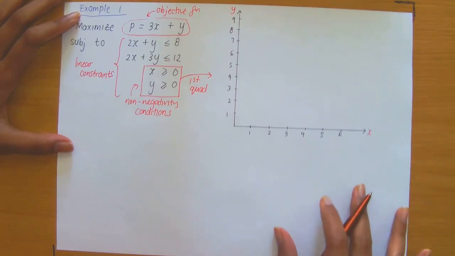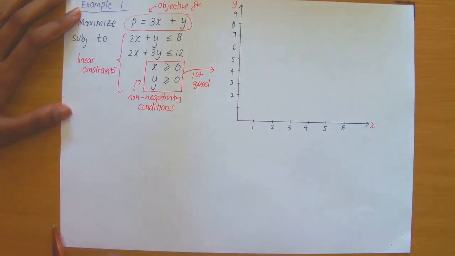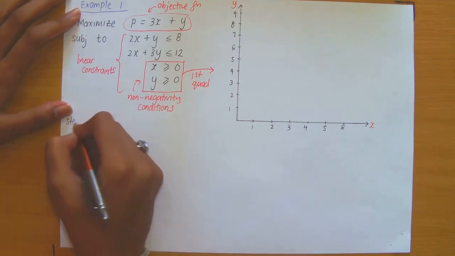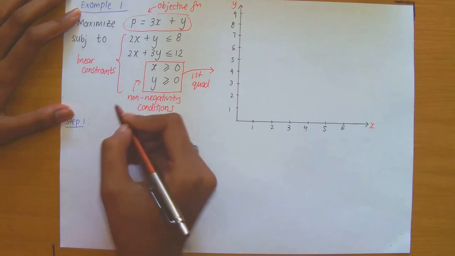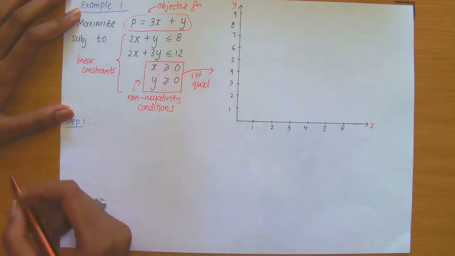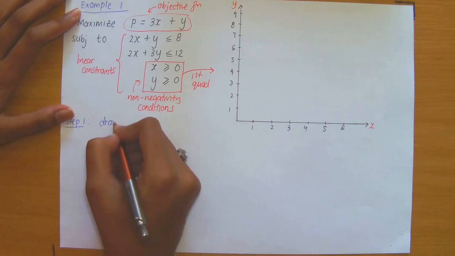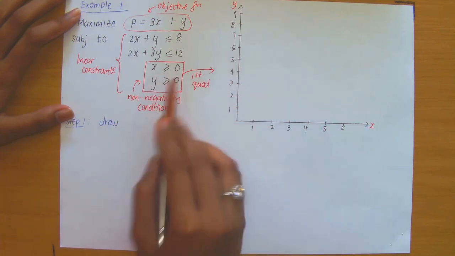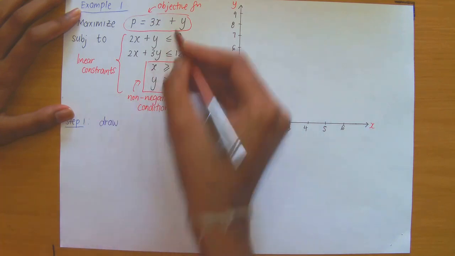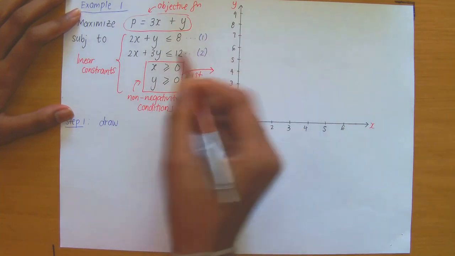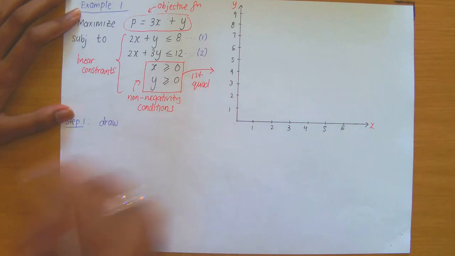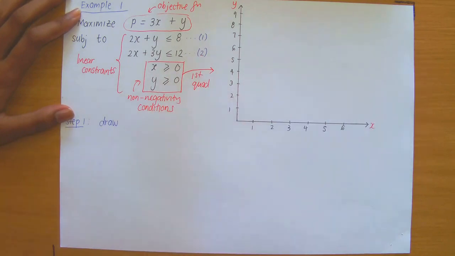Now there is a procedure that you can follow when you are solving a linear programming problem. The first step, step 1, is to draw or sketch the linear inequalities on the same set of axes. Since the non-negativity conditions are already taken care of, it means that we only have these two linear inequalities, linear inequality 1 and 2, that remain to be sketched.